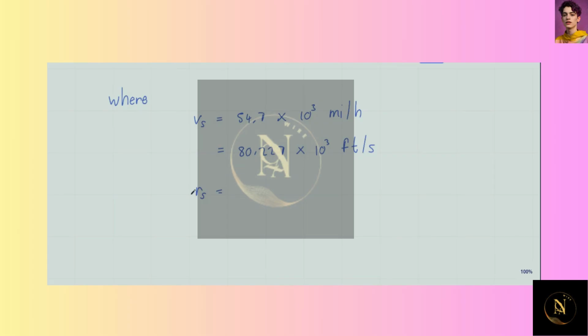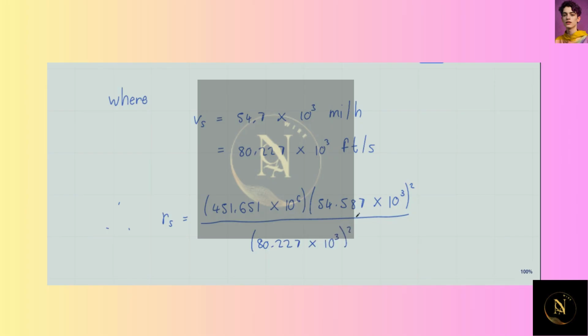So Rs is equal to, and we substitute our values in here, 451.651 times 10 to the 6 times 54.587 times 10 to the 3 all squared, those values we are shown above, over Vs squared, which is 80.227 times 10 to the 3 all squared.